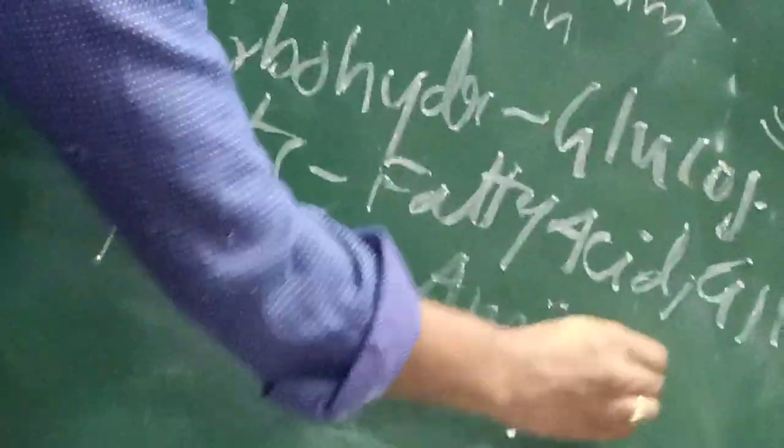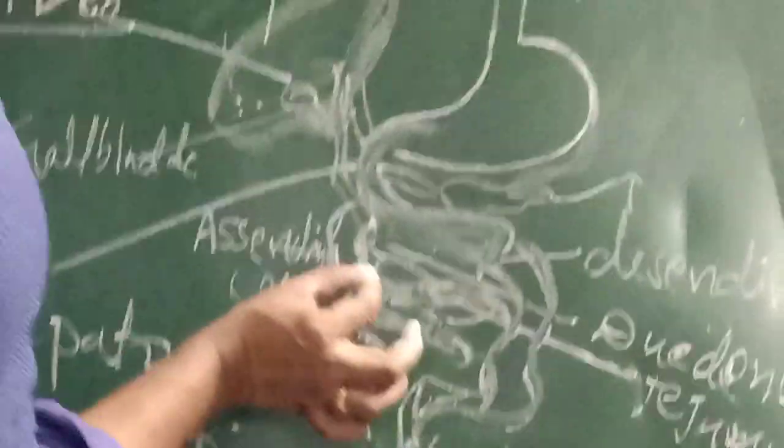Proteins are converted into amino acids. These complex molecules are converted into simple molecules. That is what we call digestion. So the total digestion process is completed in the small intestine.